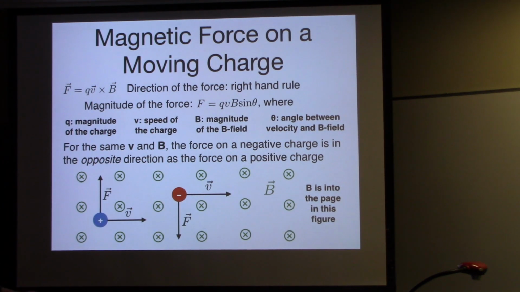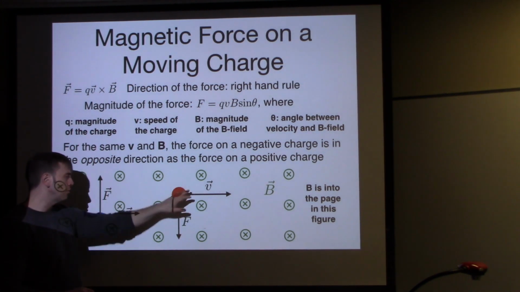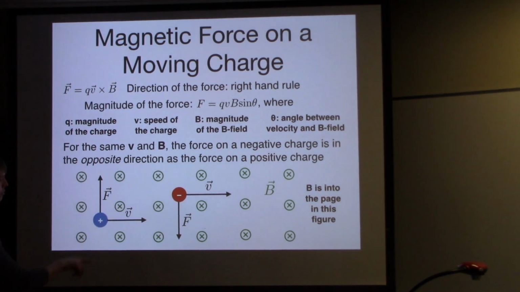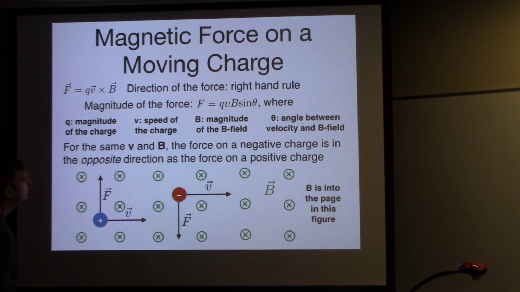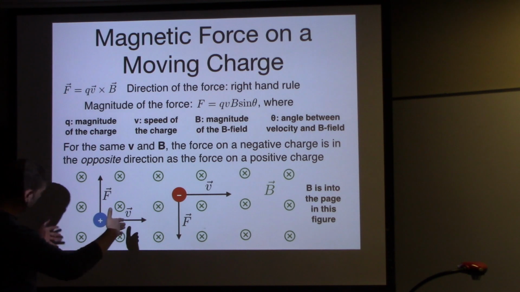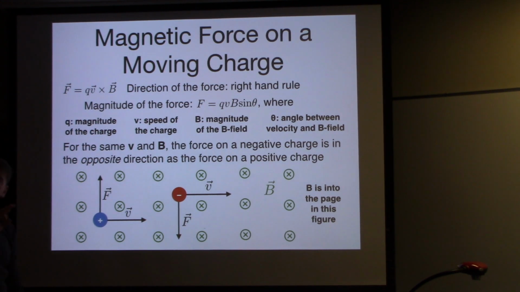So if I have the same velocity in the same B field for two different particles, and one of those particles is positive, the other particle is negative, that's what I'm showing you here, because they're both the same velocity, both going to the right. They're in the same B field, which is going into the page in this figure. But the force is going to be different because one is positive and the other is negative. So let me show you how that works.